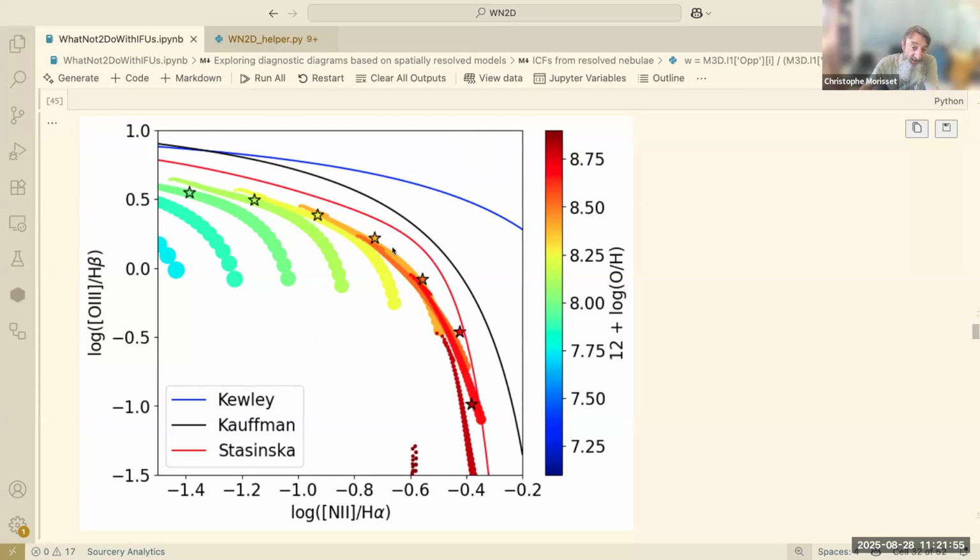And OB stars can only put your nebula at some temperature that is, depending on the analysis, given, but it cannot be twice the value that you expect. So in this upper part, you will see objects that are hotter than a classical H II region.